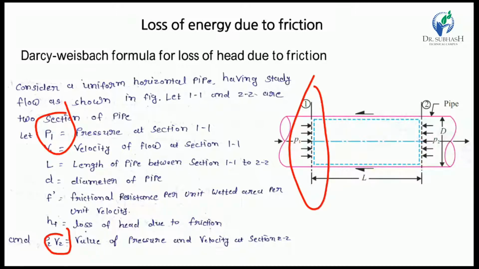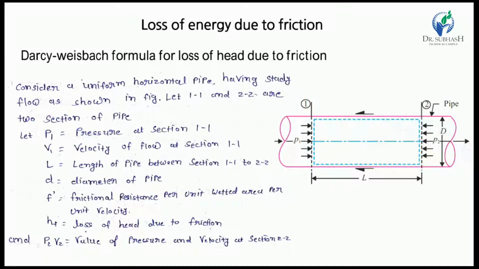P2 and V2 are the pressure and velocity at section 2. L is the length of pipe between section 1 and section 2. D is the diameter of pipe. F dash is the frictional resistance per unit wetted area for unit velocity, and HF is the loss of head due to friction.